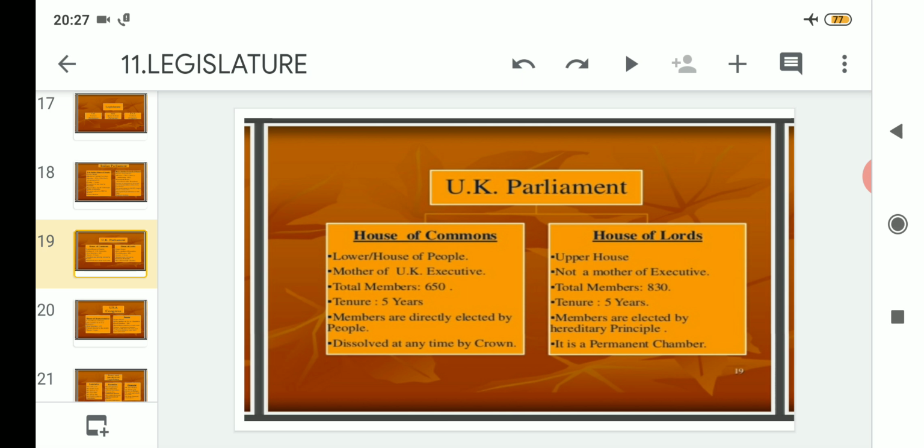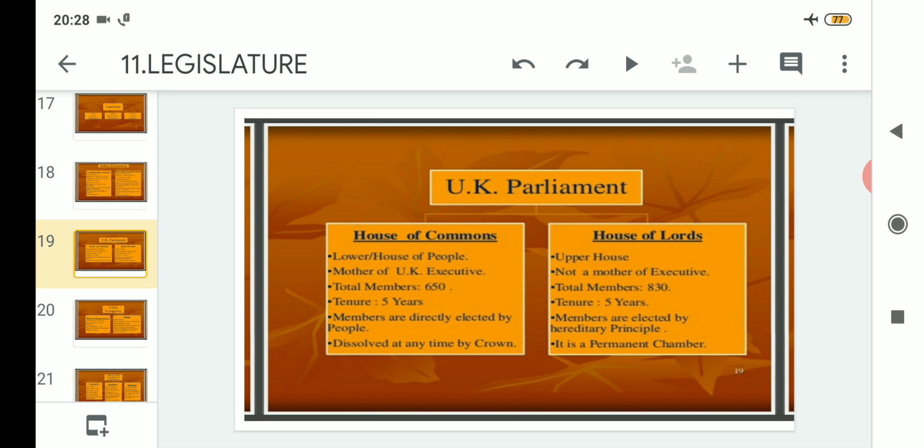And it can be dissolved at any time by the Crown. In India it can be dissolved at any time by the president, but in the United Kingdom, it can be dissolved at any time by the Crown. In case of the House of Lords, also known as the upper house or the permanent house, the total number of members is 830.